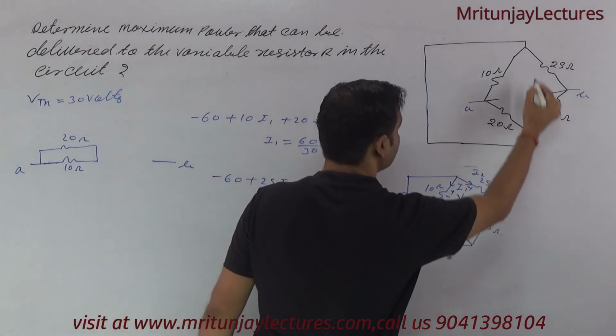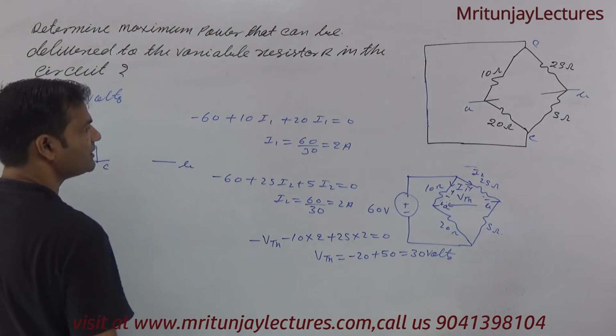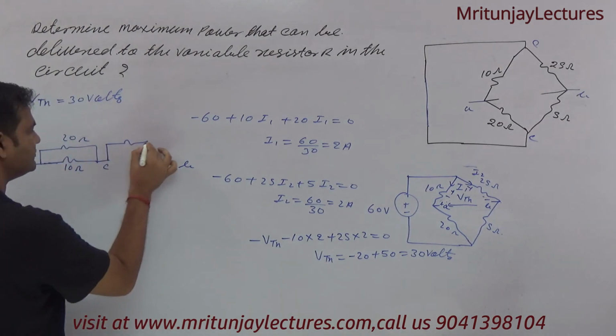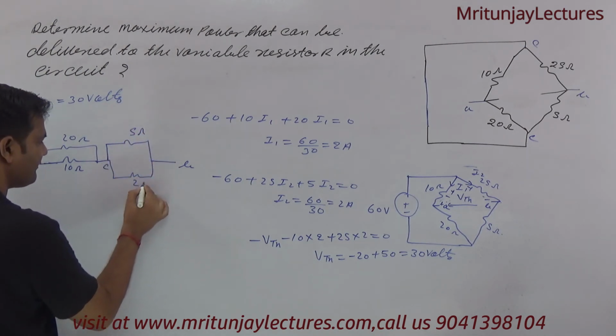Suppose that is C, then this is also C. C connects to B through the 5 ohm, and this one is connected to the 25 ohm.